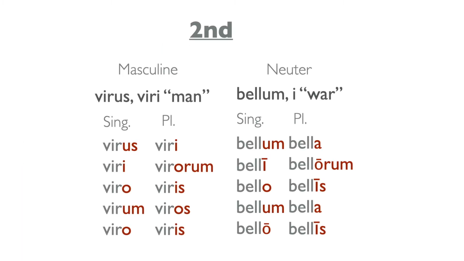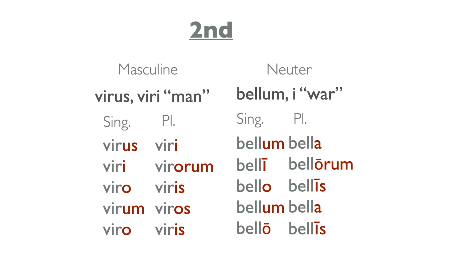When we come to the second declension, you'll notice that there are both masculine and neuter nouns in this grouping. So starting with the nominative singular, we have us, the genitive singular i, the dative singular o, the accusative singular um, and the ablative singular o. In the plural, we have i, orum, is, os, is.